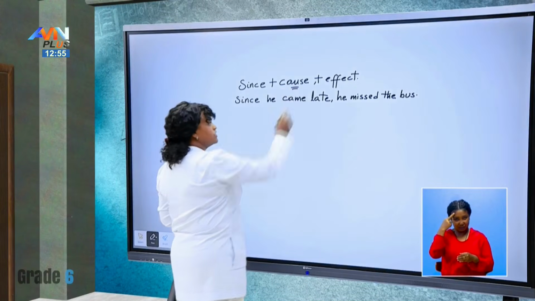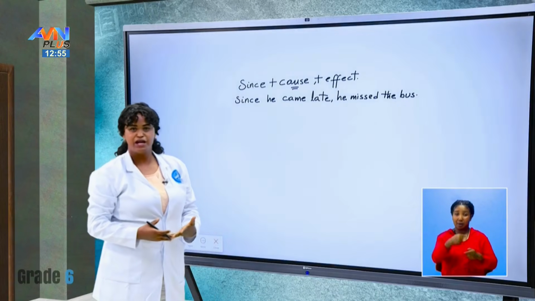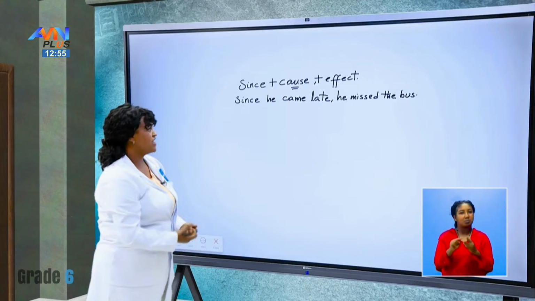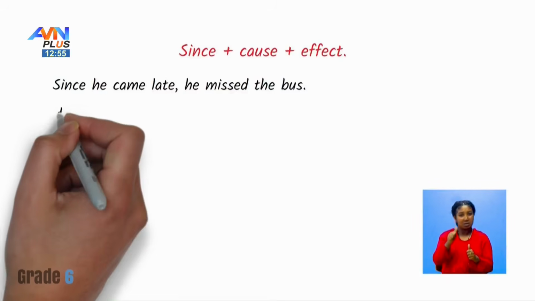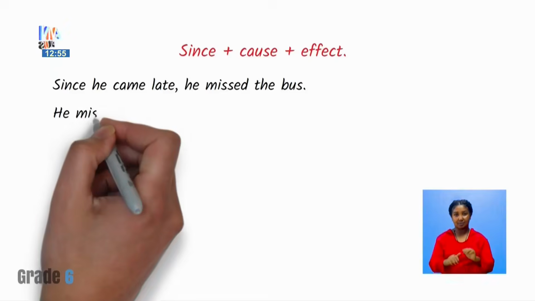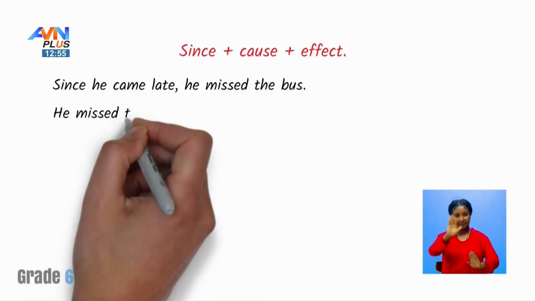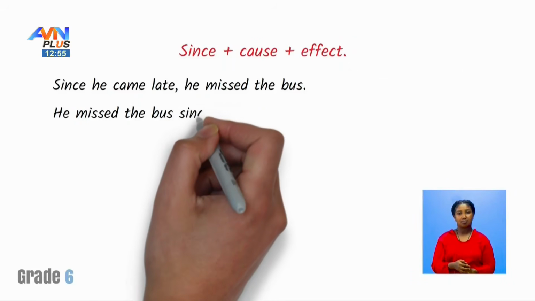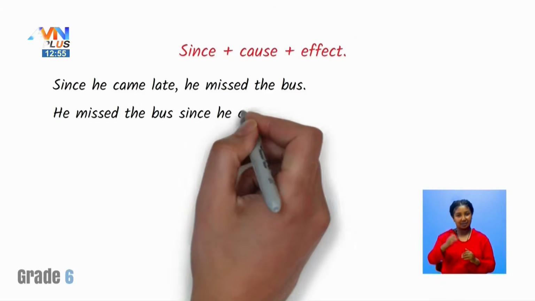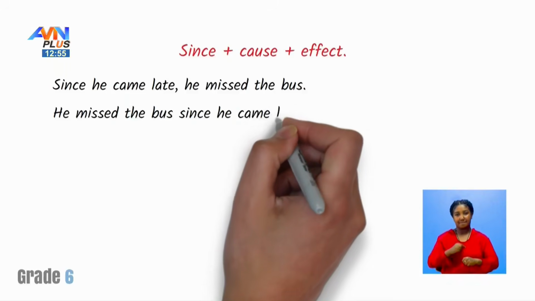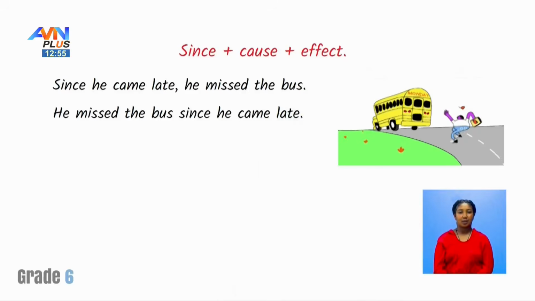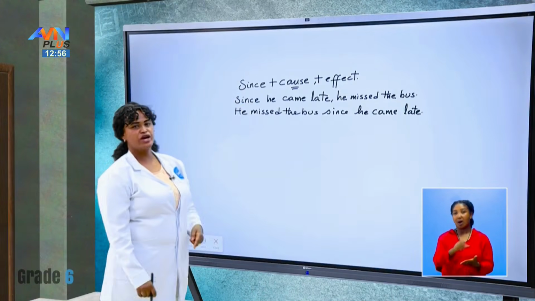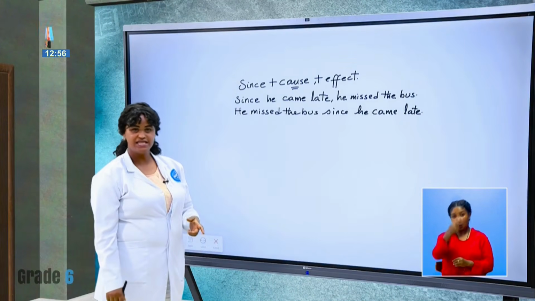Cause. Since he came late, he missed the bus. You can also begin by the effect. Look, he missed the bus, since he came late. Wonderful. This is also another way of telling what? Cause and effect.